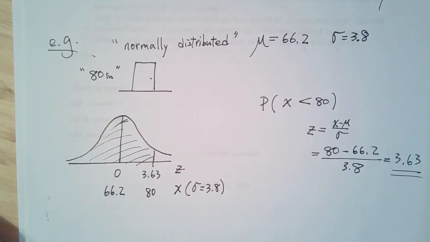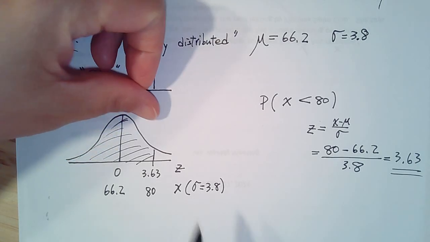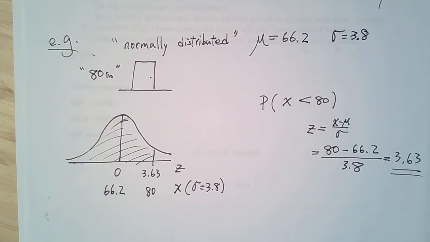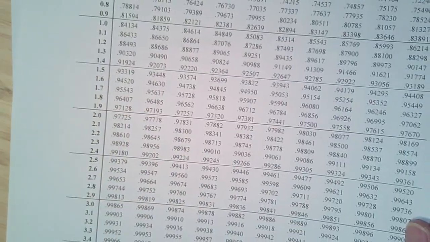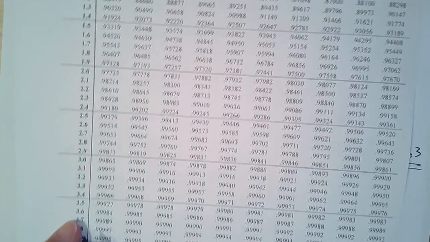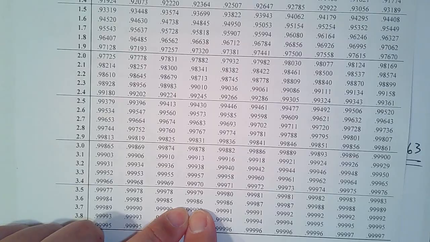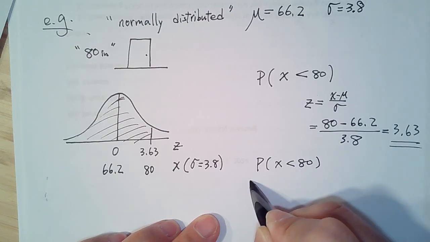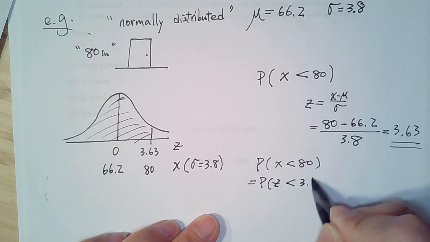The interesting thing is, if we're looking for this probability, we can find this little tail by positive 3.63 or to the left, so that's easy. So the probability that x is less than 80 will be the same as z-score less than 3.63.